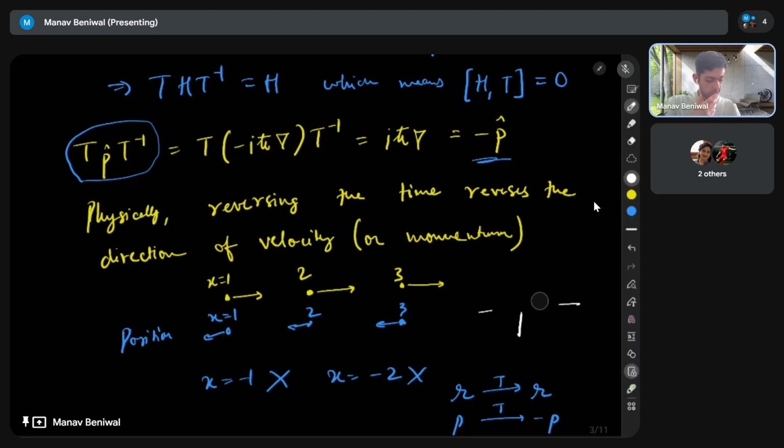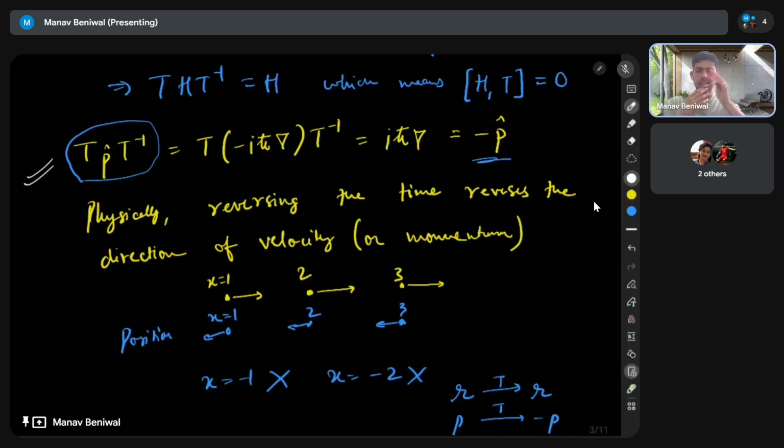Okay. So when we have a unitary operator, doing this set of operations tells us how our momentum transforms upon applying the time reversal operator. So we are directly looking at the operator instead of a wave function. Then what we find is that the momentum operator P under time reversal gains a minus sign.